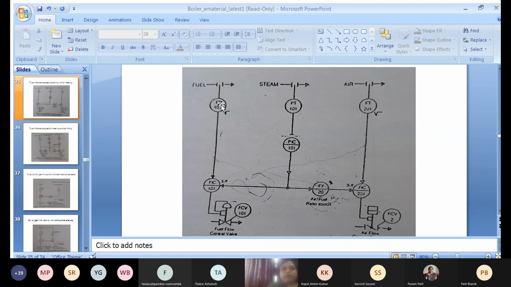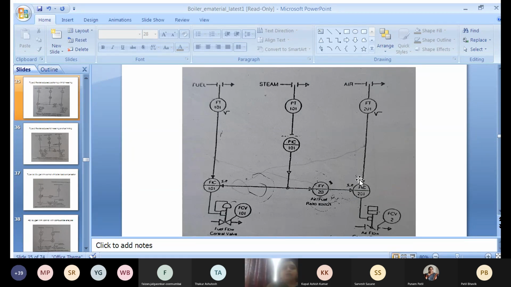This 101 is the loop number for the fuel flow loop and 201 is the loop number for the air flow loop.